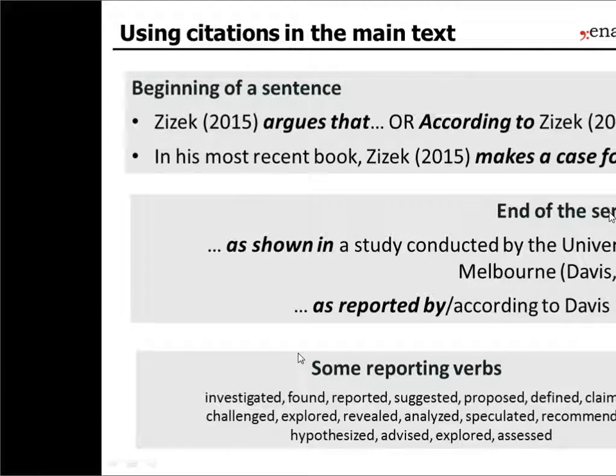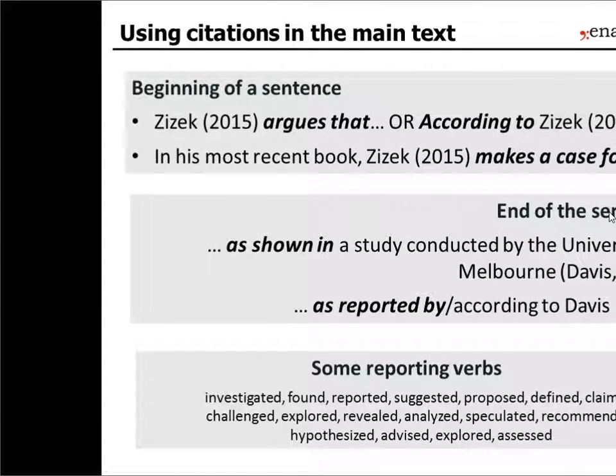So if you're writing a paper and you are going to cite somebody, this can be included in the main text of your article, either in the beginning of the sentence. So for example, Zizek 2015 argues that, or according to Zizek 2015, or in the most recent book, Zizek 2015, and so on.